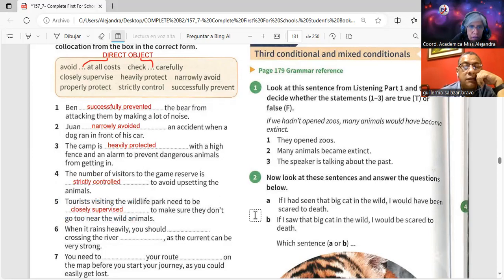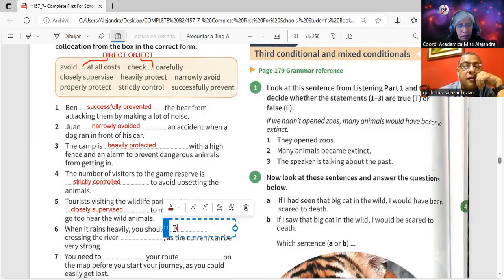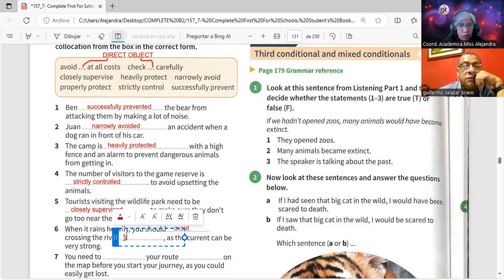When it rains heavily, you should crossing the river as the current can be very strong. Avoid at all costs or check carefully. You have to avoid crossing the river at all costs.